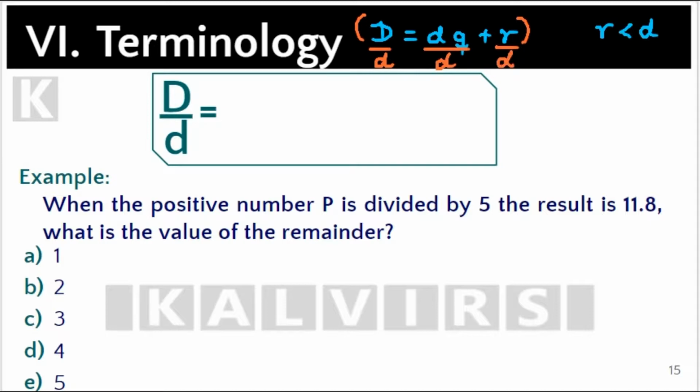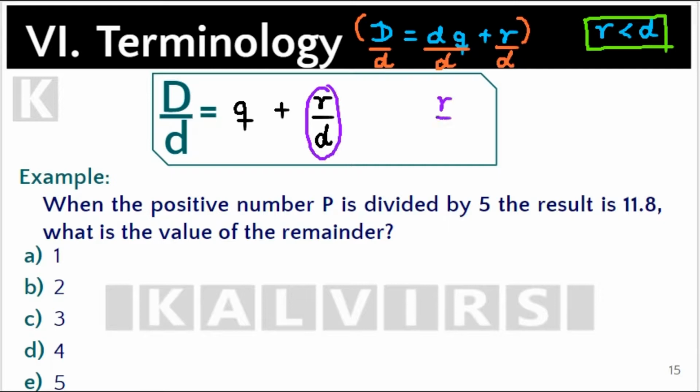Finally, we have that the dividend over the divisor is the quotient plus the remainder over the divisor. Remember that since the remainder is always smaller than the divisor, this fraction will always be between 0 and 1.